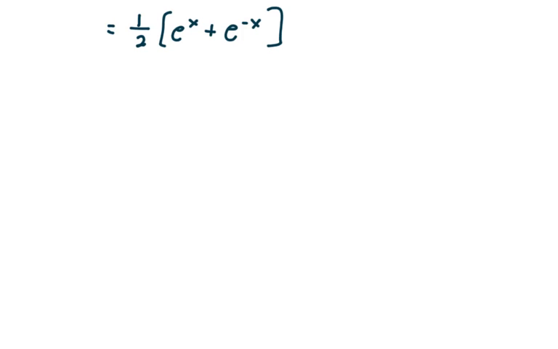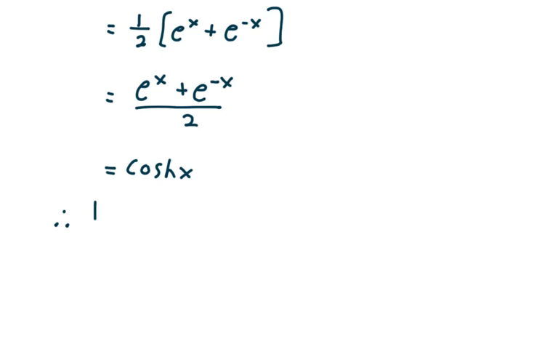But if you don't mind, I'm going to rewrite this as e to the x plus e to the negative x divided by 2. And we should recognize this as cosh x. And so therefore, the derivative of sinh x with respect to x is equal to cosh x.